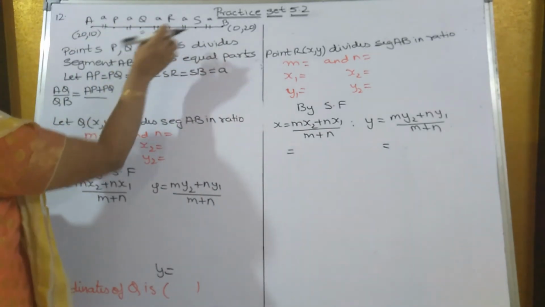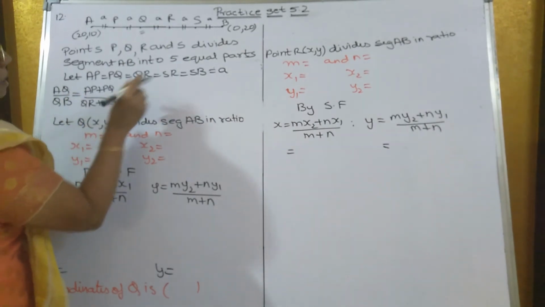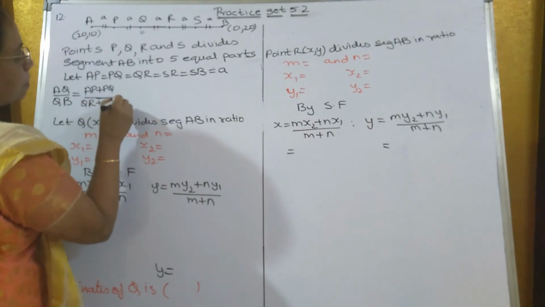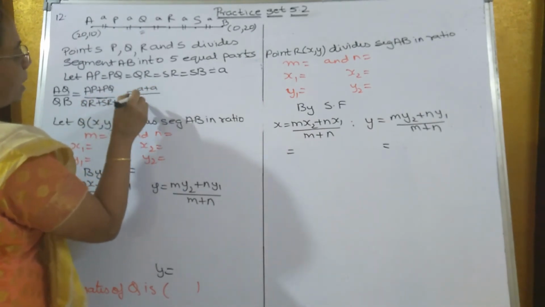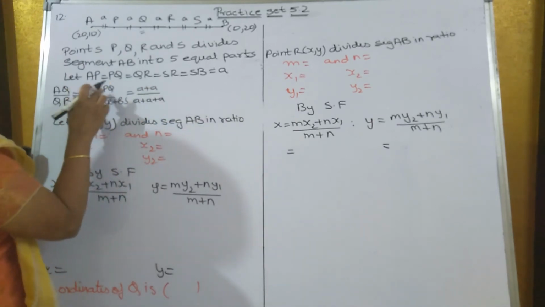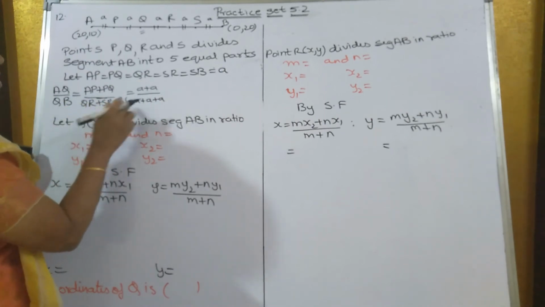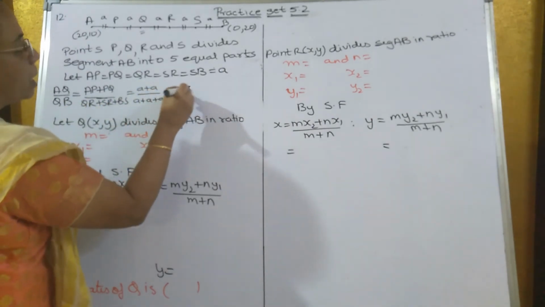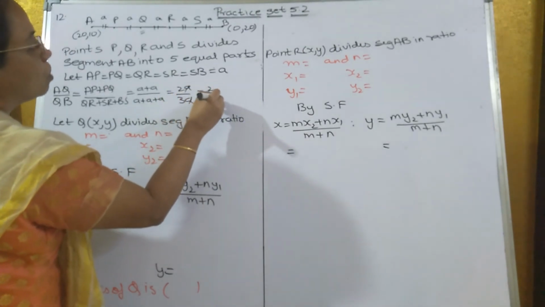QR plus SR plus BS. So that's equal to A plus A, and here it will be A plus A plus A. So that's equal to 2A upon 3A. A and A will get cancelled. That's equal to 2 upon 3.